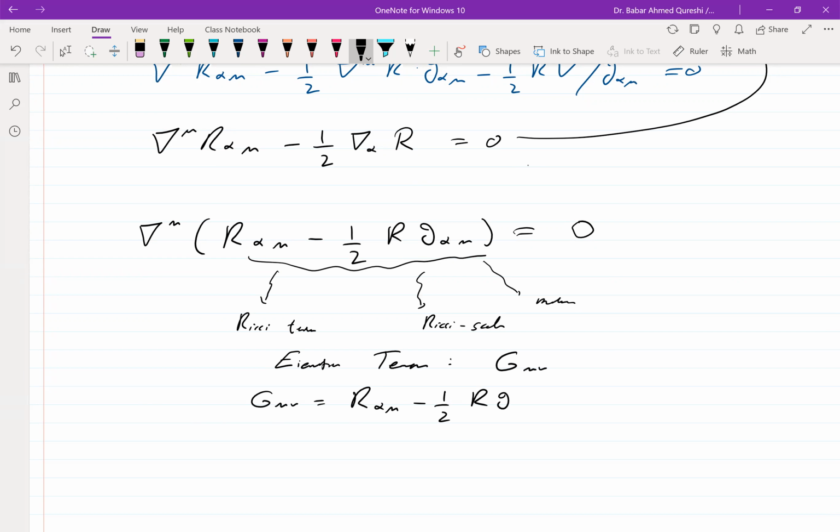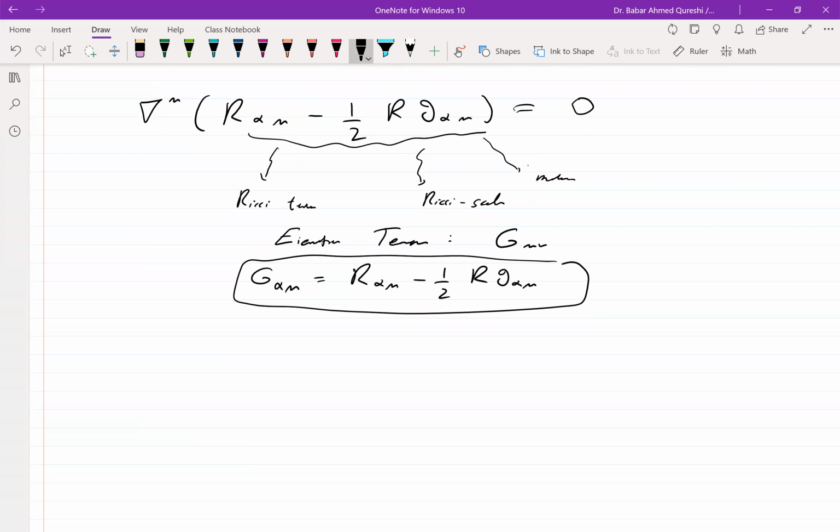Not G mu nu, G alpha mu, because those are the ones we have chosen. And the Bianchi identity just says that the covariant derivative of the Einstein tensor is 0.